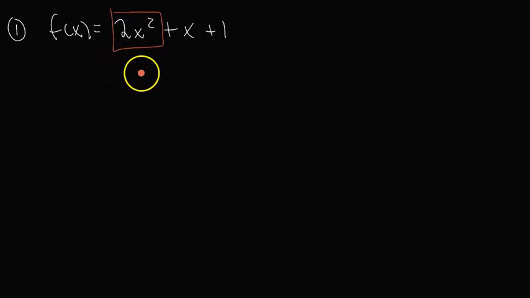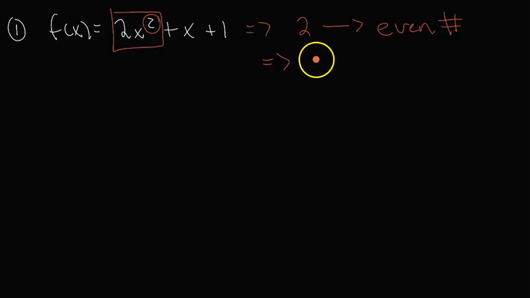So when identifying if it's an even or an odd function, we look specifically at the power. In this case, our power is 2. 2 is an even number. What this tells us is that our function is actually an even function.